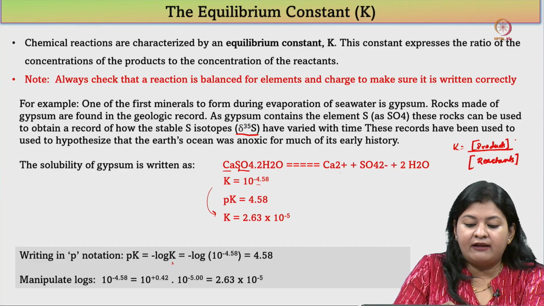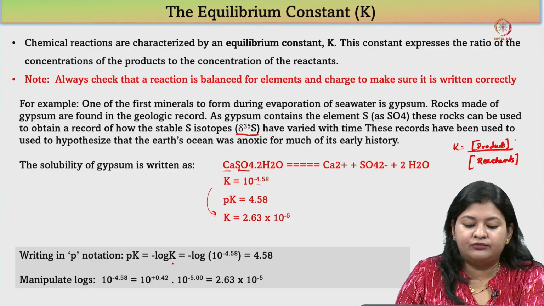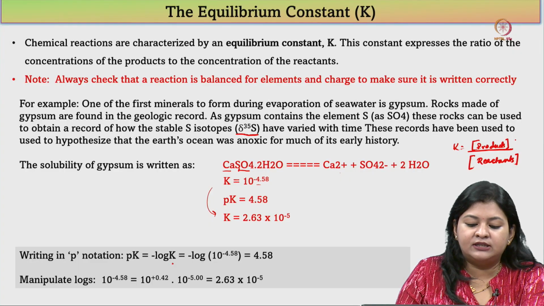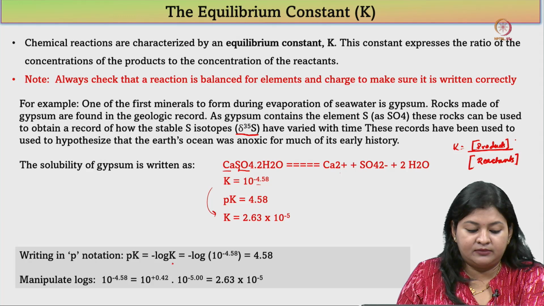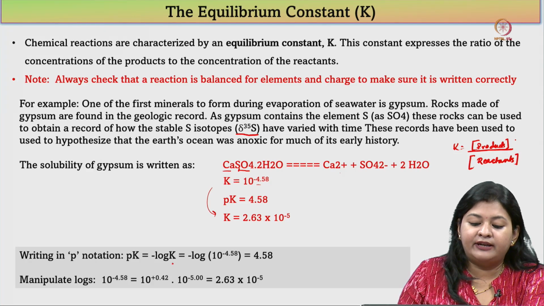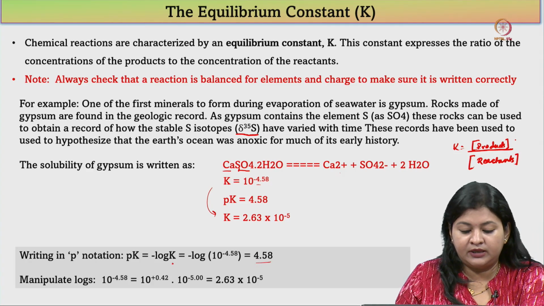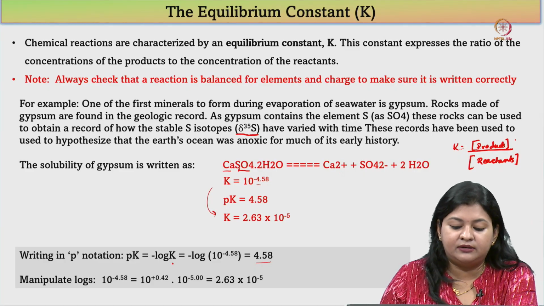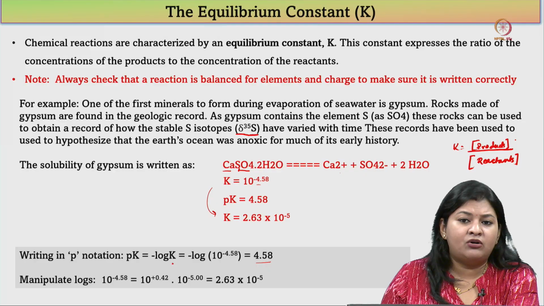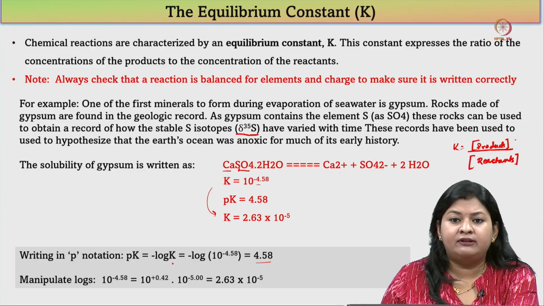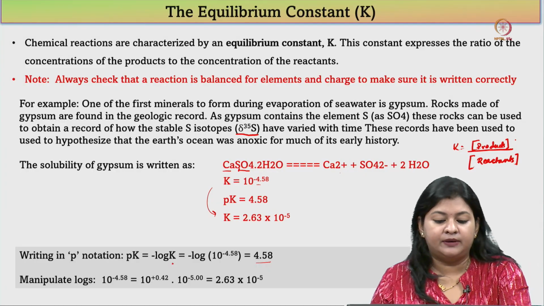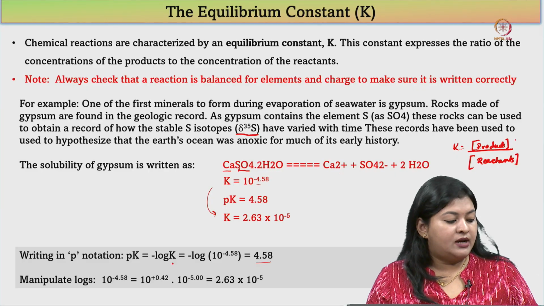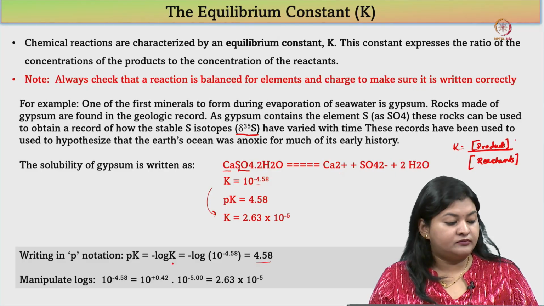If you have a value of 10 to the power minus 4.58, this becomes only 4.58. And if you have a very complicated number, you can easily rearrange and make it into simple numbers, but of course that may not matter much if you have a scientific calculator. So, this is just understanding the notation.